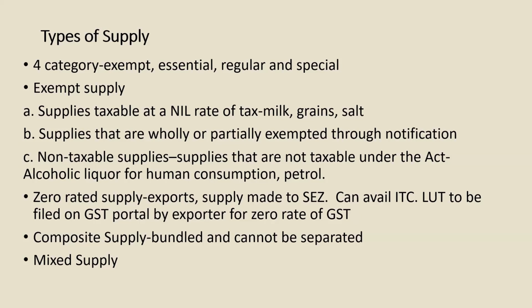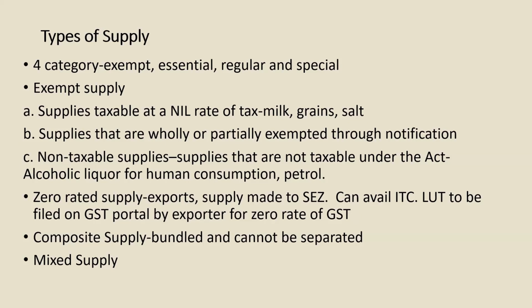Now, say I am an NGO and I am wanting to give an export of services. I can export services at zero, or if I am a normal taxable person, then I can export services at zero rate, provided I say that these are export of services and the beneficiary is sitting outside of India. That's what is called zero rated.